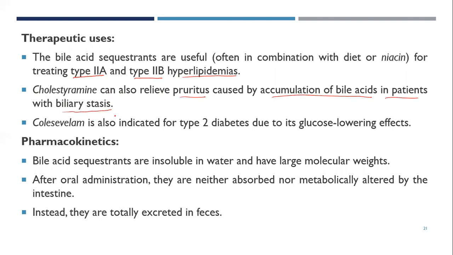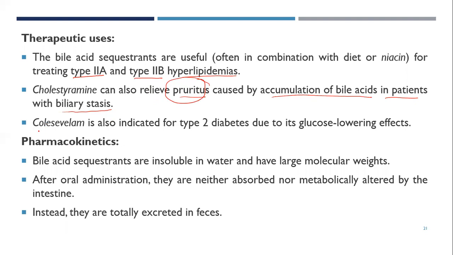Biliary stasis means what? When there is obstruction to the flow of bile acid, it leads to biliary stasis. It can be associated with pruritus. Pruritus is an itching condition.